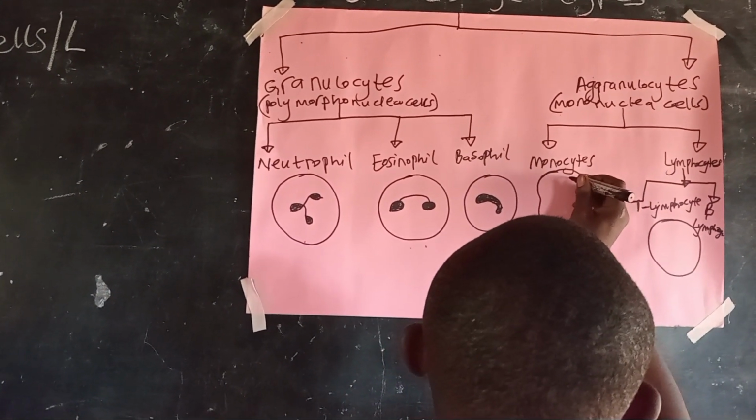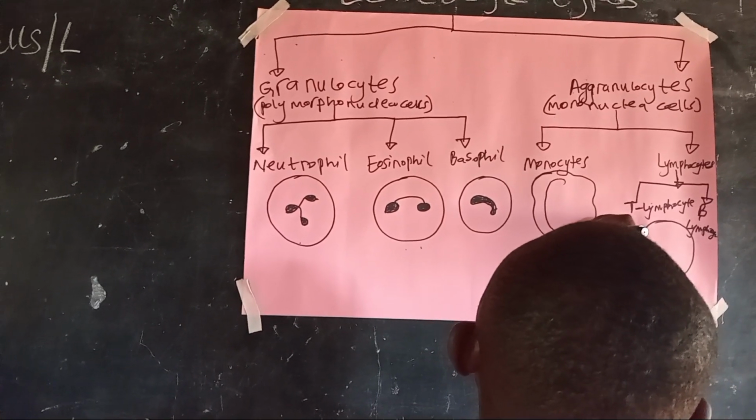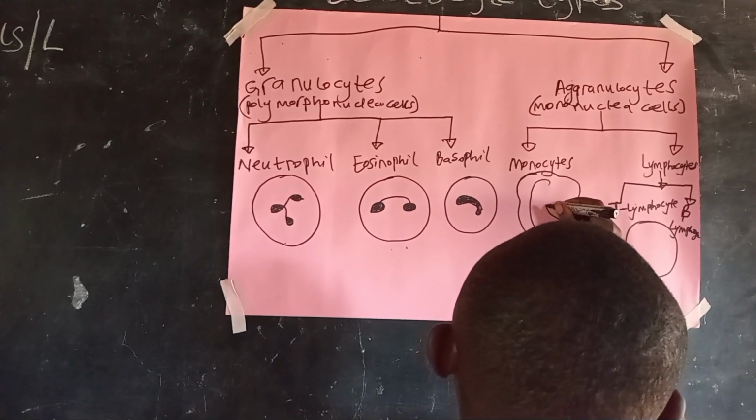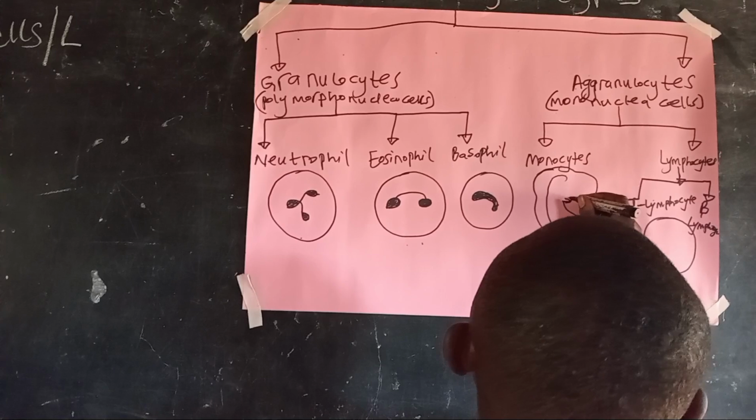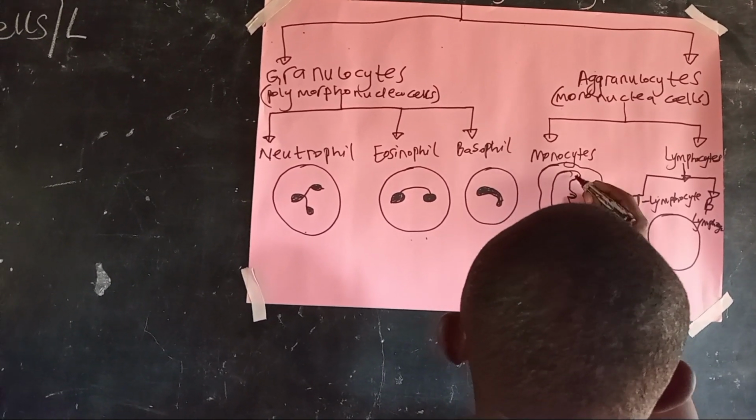Then we have the monocyte. The monocyte is like a baby in the womb, with the nucleus here.